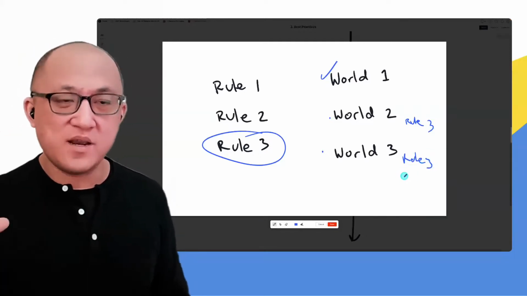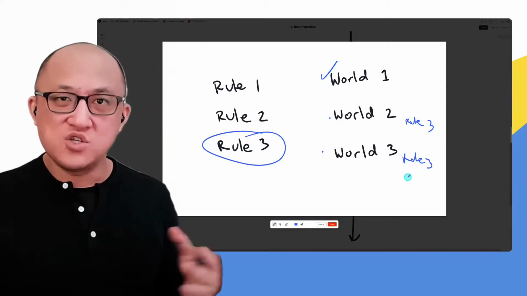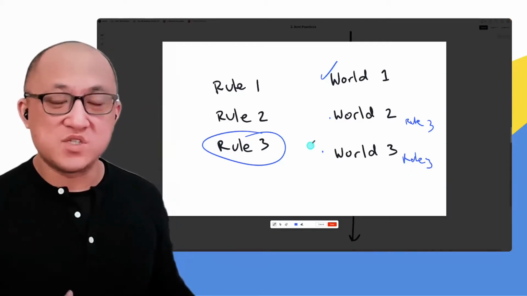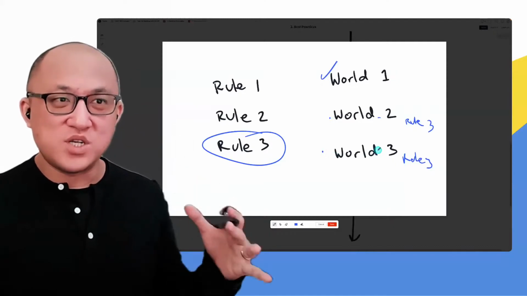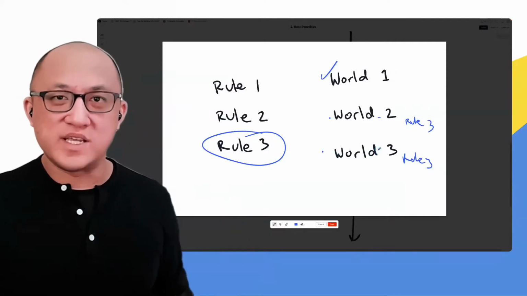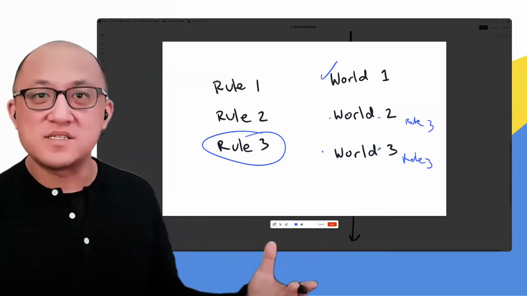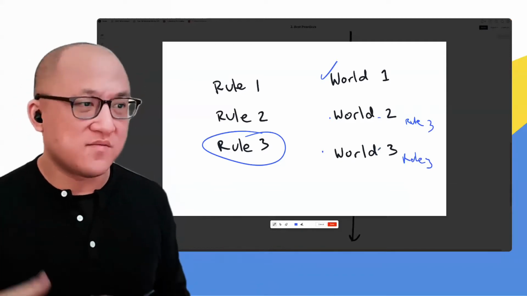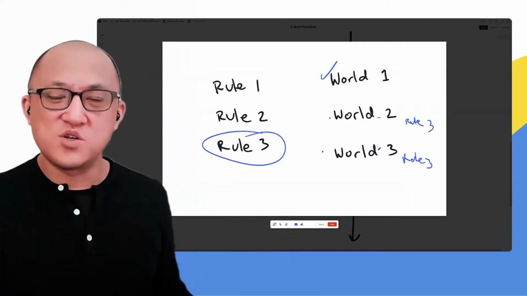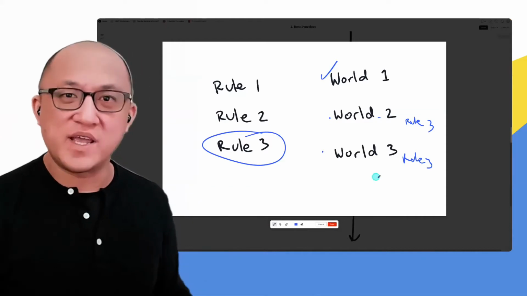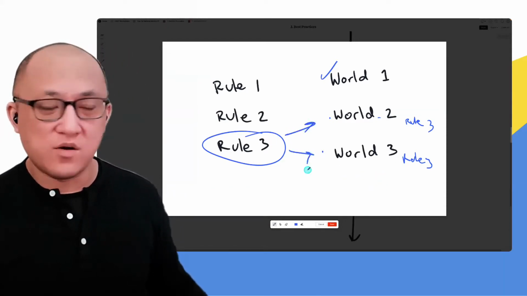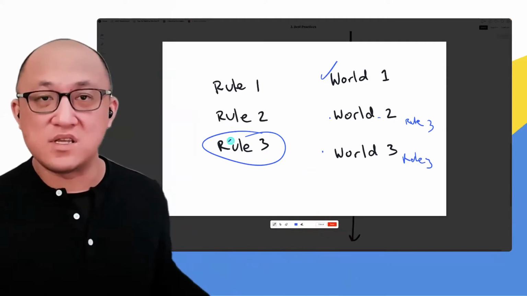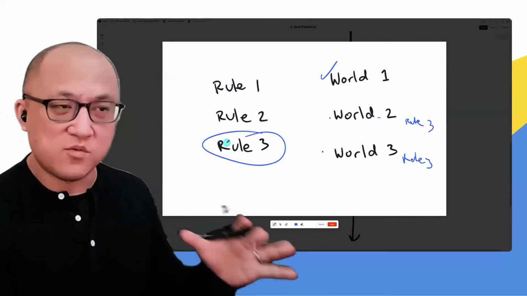I don't want to forget about applying that. And too often what happens with students who are using the strategy is when they're in these worlds, they just don't automatically apply rule 3. It takes them 10 seconds to realize, oh yeah, I have to think about rule 3. And I just don't want that to happen. So I'm going to make it directly next to the diagram, or I'll just draw arrows, or I might just circle the rule like I've done here. And that'll just tell me, hey, remember to think about that.